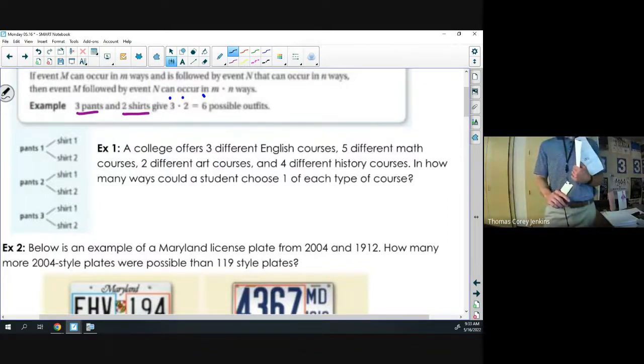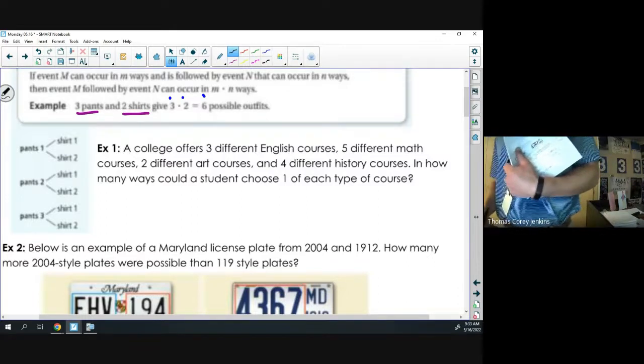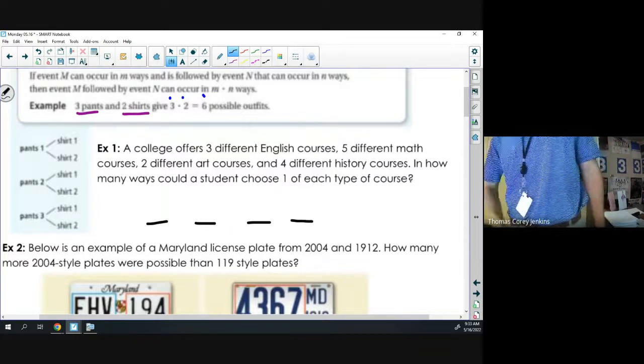So example 1, a college offers 3 different English courses, 5 math, 2 art, 4 history courses. How many ways can a student choose one of each type of course? In this case, we'd be filling 1, 2, 3, 4 spots, right? And then just how many ways do we have to fill each spot?